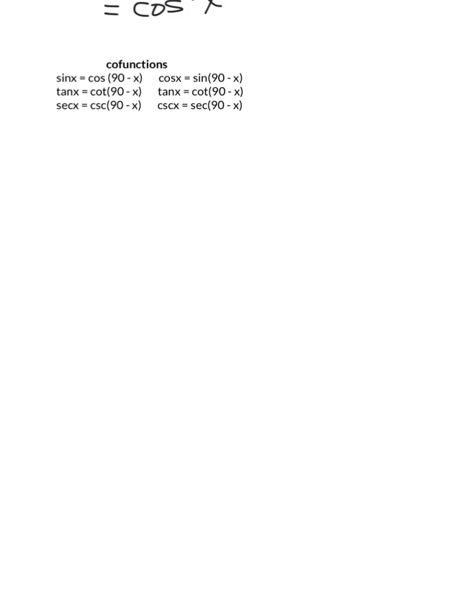We talked about cofunctions earlier in the semester, but as a reminder, I have put them up here for you. What you need to remember is that the functions that are cofunctions will have the same word in them, but one of them has co on the front. So sine is a cofunction to cosine. Tangent is a cofunction to cotangent. Secant is a cofunction to cosecant.